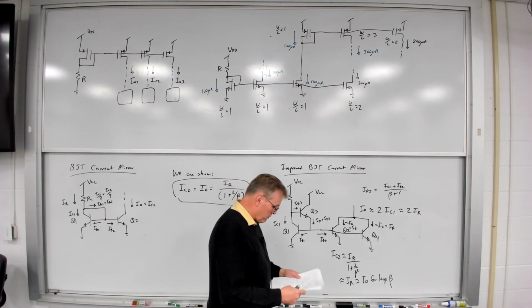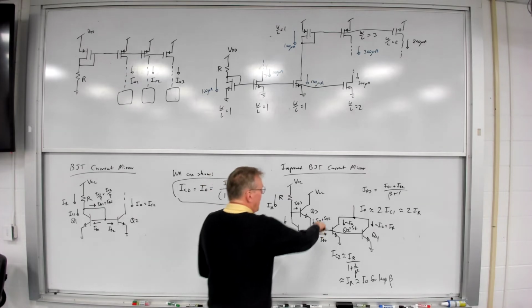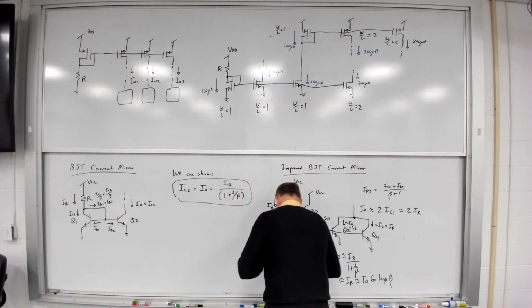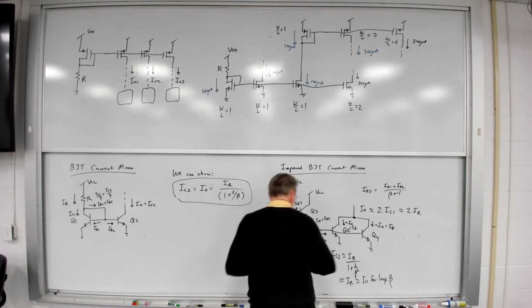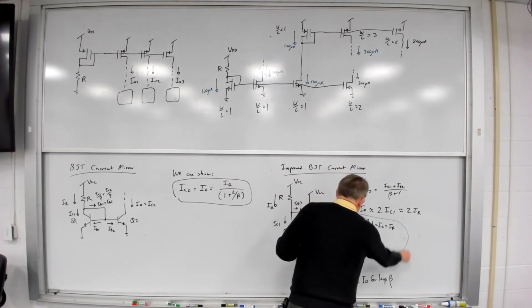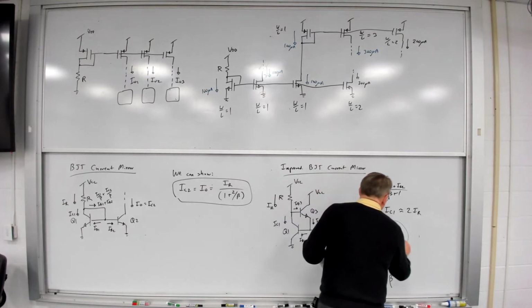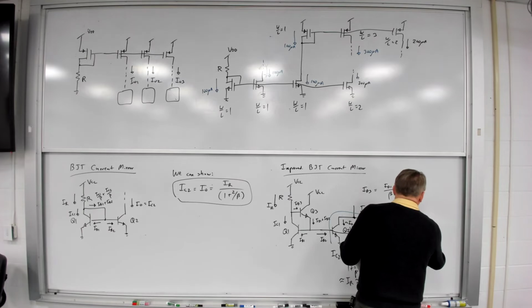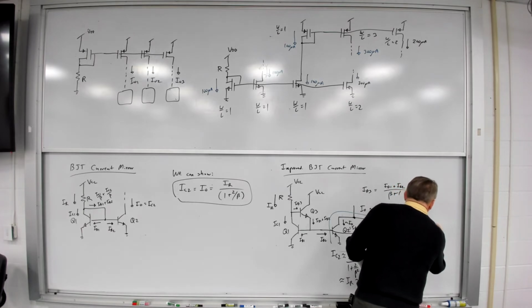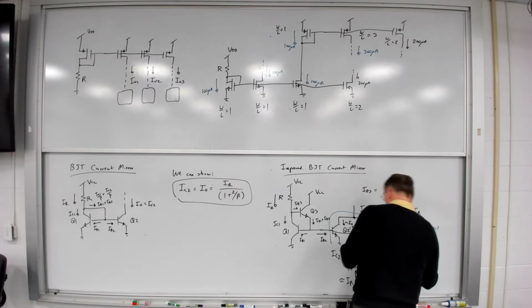If I were to go through and say, for example, I have M identical transistors. Let's assume I'm adding additional transistors. So for M identical transistors, we can show the following.